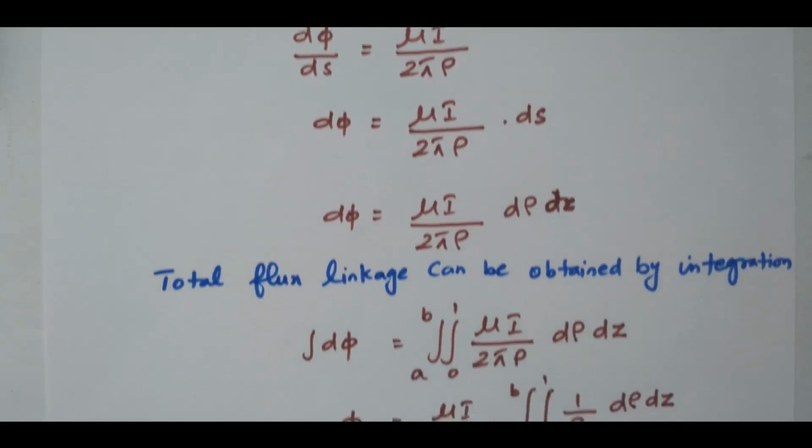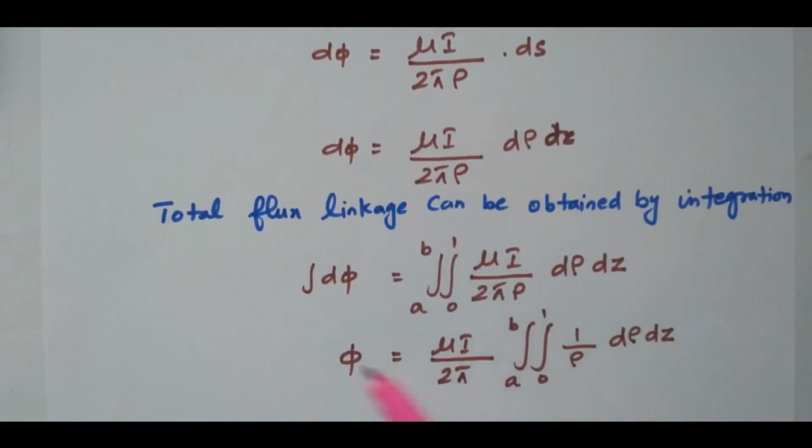I will go for the integration. So, integral d phi equals a double integral, because here we have two terms, the radius as well as the length. The radius varies from a to b. We need to find the inductance between the inner and outer conductor, that is, from the radius of the inner conductor to the radius of the outer conductor.